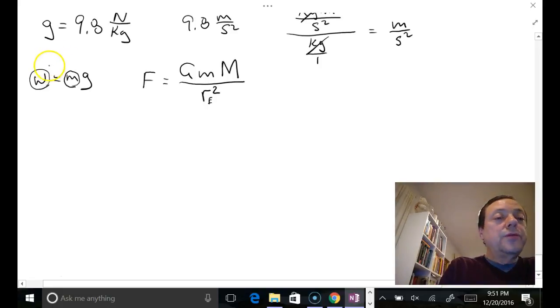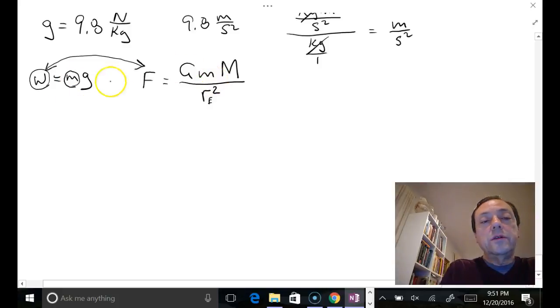So weight is a force, and if this weight is actually this force, what we can do is set the right-hand side of both equations equal to each other.